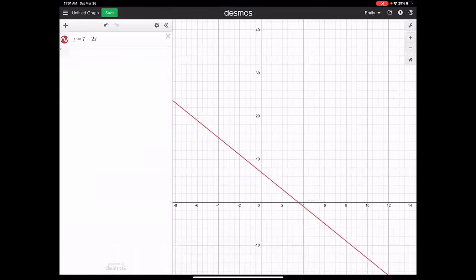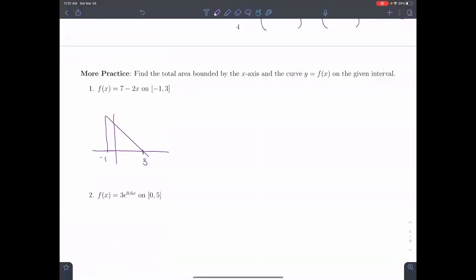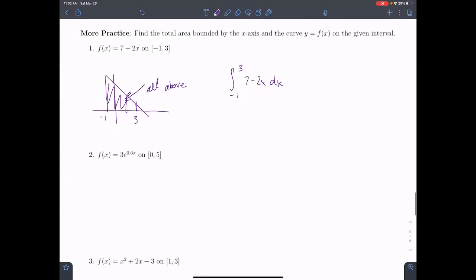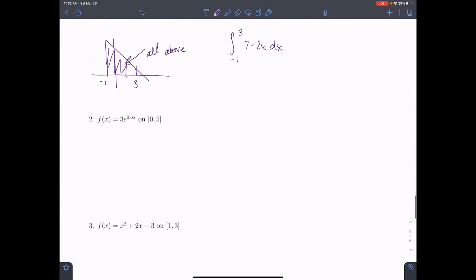From -1 it is all above. So you don't need to do anything special here. Just do the integral from -1 to 3 of 7 minus 2x dx. And that integral is pretty easy as well.